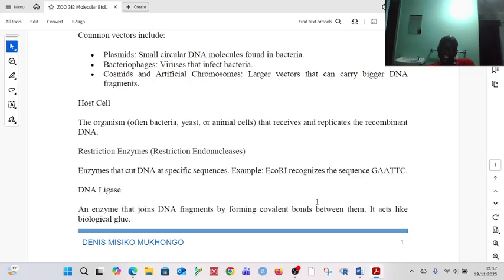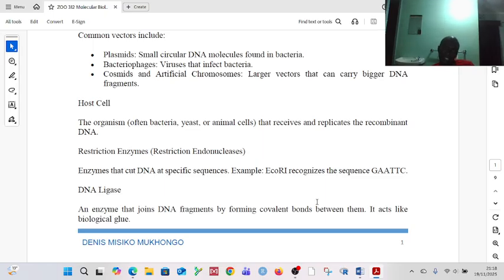That cell that receives the recombined DNA is what we call the host cell. Most of the time it is an organism, because you are putting it in a cell of an organism. So the host cell is what receives the recombinant DNA. Then upon receiving, that recombinant DNA will replicate inside the host cell.